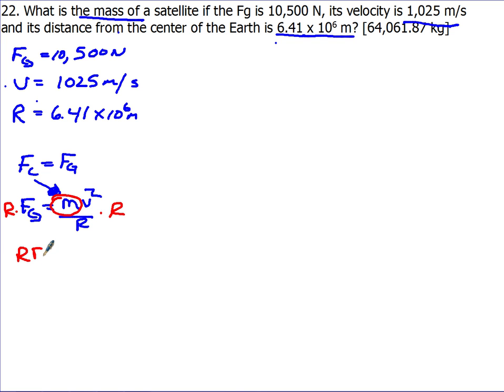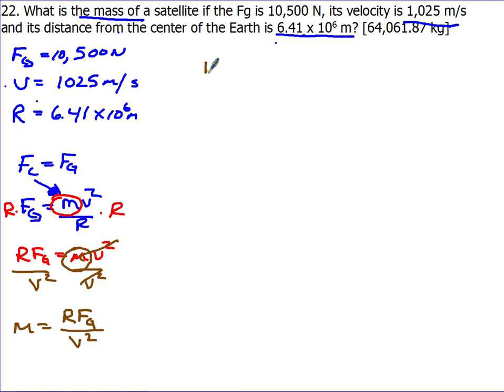So r Fg is mv squared. To get rid of v squared, I divide through by it. So the mass in this case is r Fg divided by v squared.